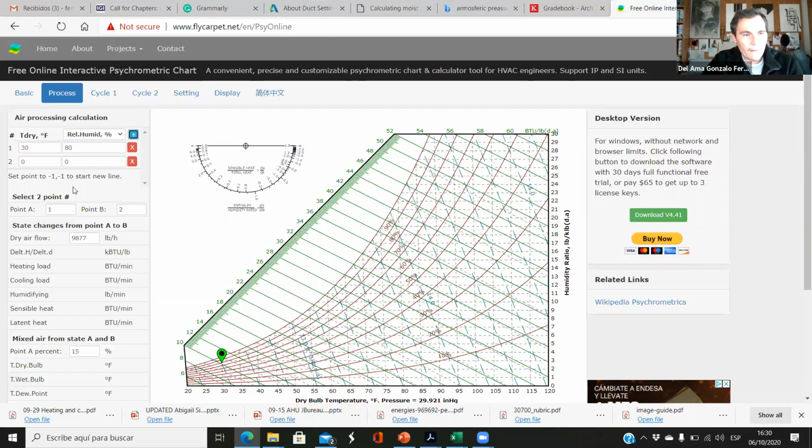Okay, and then the second one, it's indoors, so it's 70 and 40. Okay, so those are outdoor and indoor conditions. Point A is outdoors, point B is indoors.